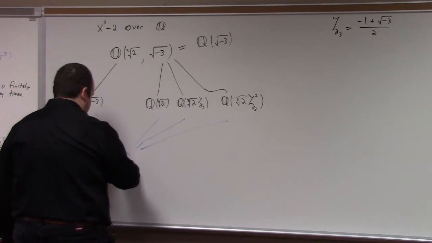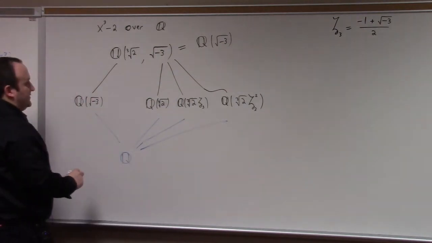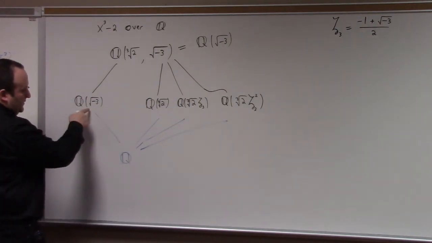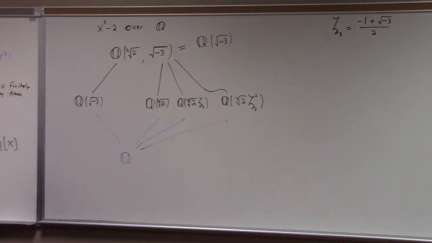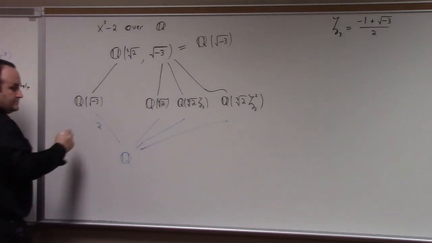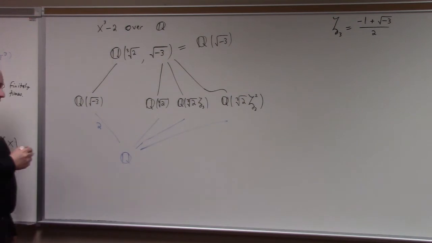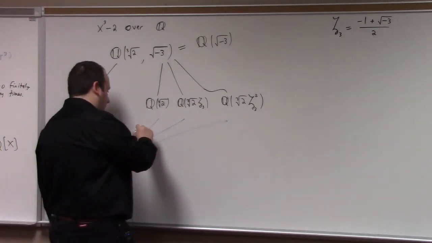And then, of course, these are all over what? Down here, you've got your rational numbers, right? And the degree of these extensions: in the general example, if we take Q adjoin the square root of D, where the square root of D is not in the field, that's a degree 2 extension, right? And then this is a degree 3 extension.